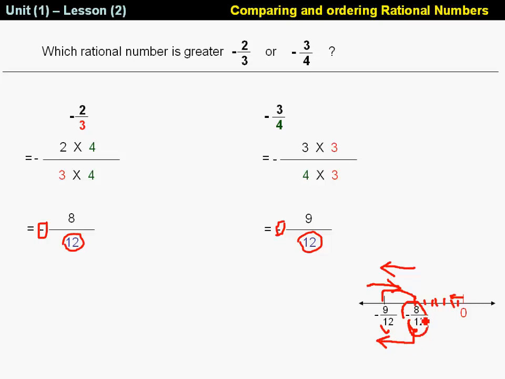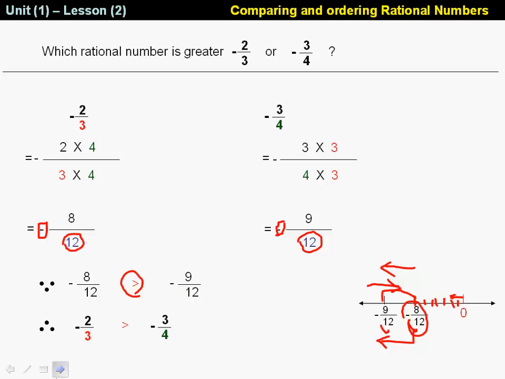So this will be bigger than the other one, which means minus 8 over 12 is bigger than minus 9 over 12. Minus 8 over 12 is coming from minus 2 over 3. And minus 9 over 12 is coming from minus 3 over 4.